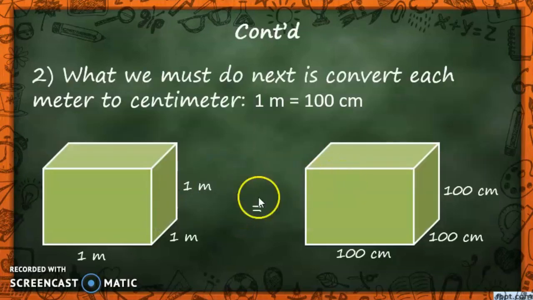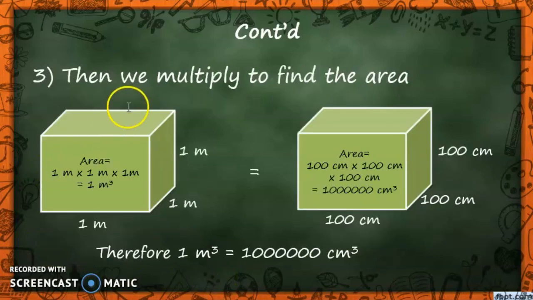So then, this is what we will get. 100 centimeters for length, breadth, and height. Let's continue. Step 3, we multiply to find the volume. If we multiply 1 meter times 1 meter times 1 meter, we get 1 meter cube.